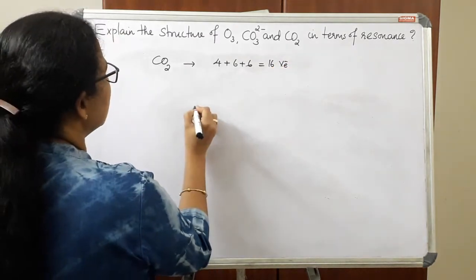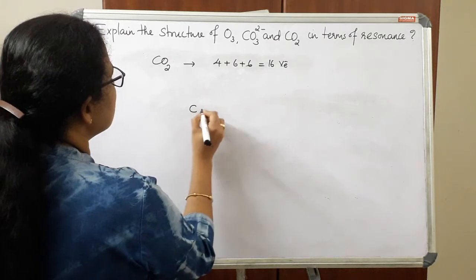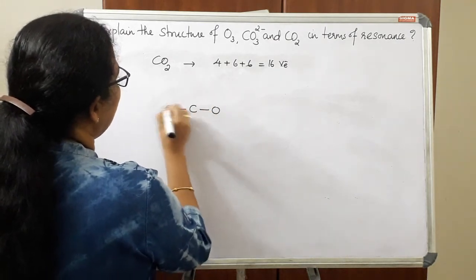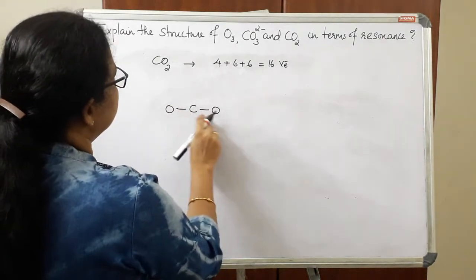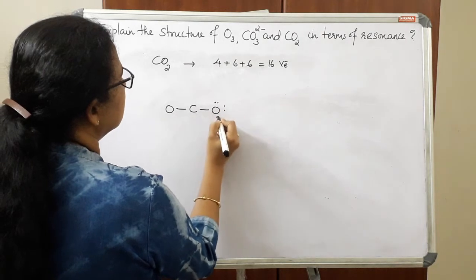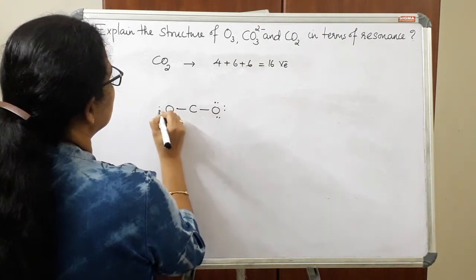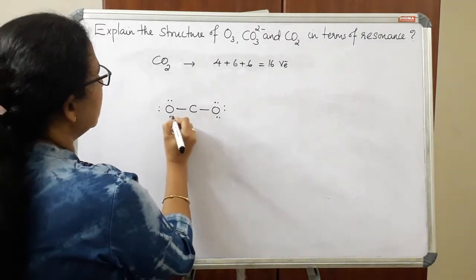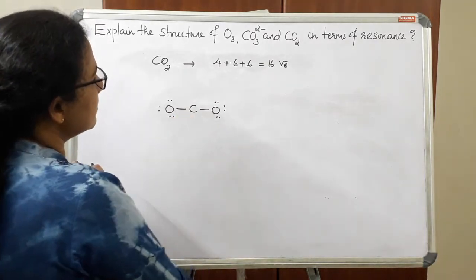So we can draw the resonance structures or the Lewis structures like this. So I have distributed all the 16 valence electrons here.